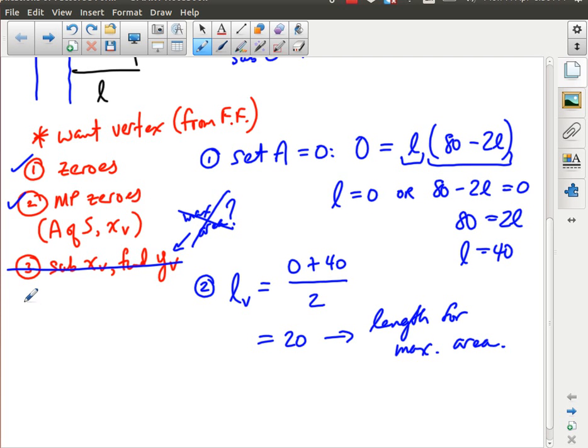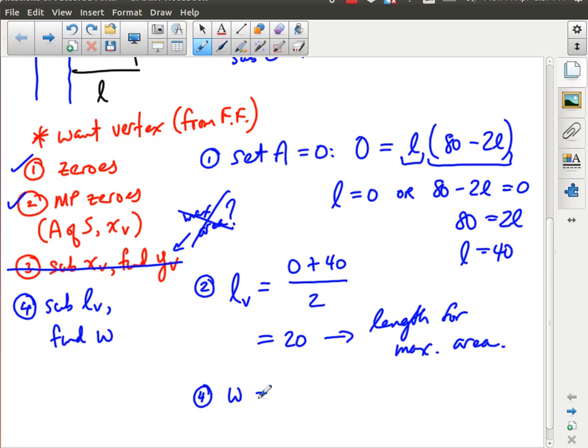Instead, we're going to add one extra step here, which is we're going to sub the vertex value for the length to find the vertex value for the width. I don't like that, because we could have done this in terms of the width. So let me instead just say we're going to find W.